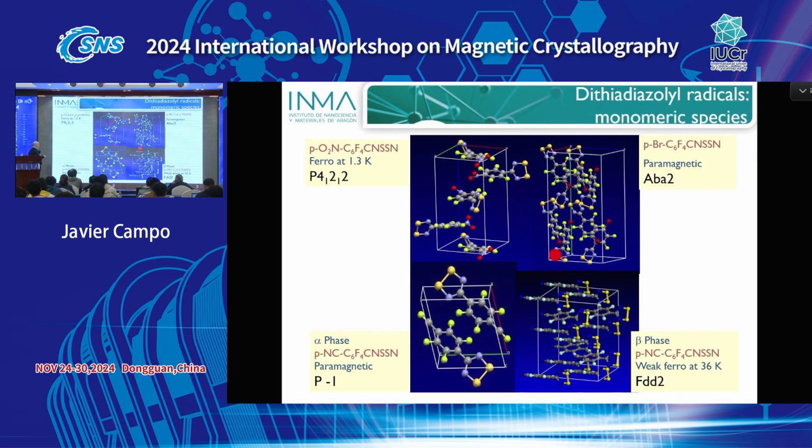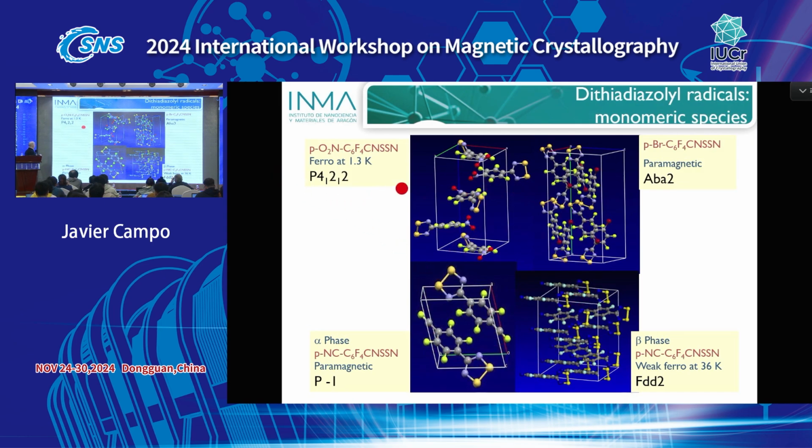And we have other similar compounds with a similar molecule, which carries the magnetic moment, that don't order. Then we were interested to see the spin density in this molecule to understand why one compound is ordering and why the others are not ordering.